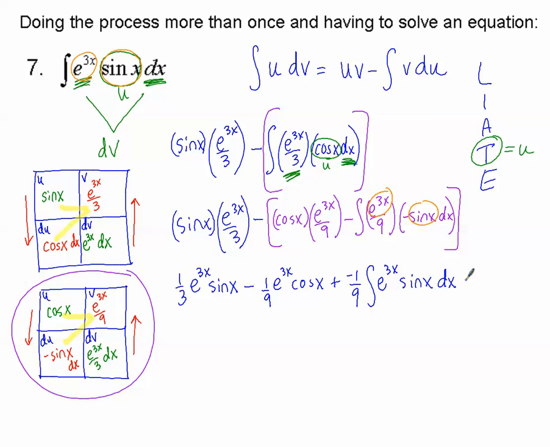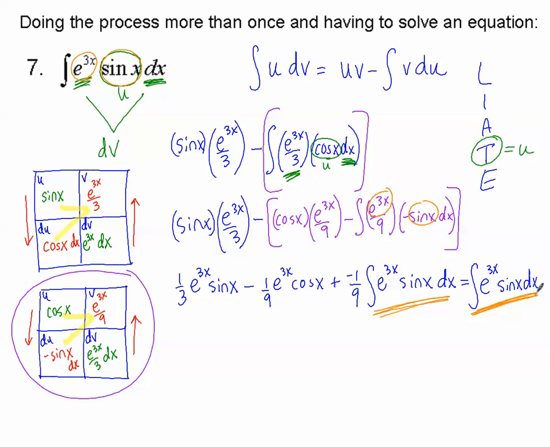Now remember, all of this is equal to what I started with. I started with the integral e to the 3x times sine x dx. Ultimately, I want to know what this equals. Well, notice how I have the same term, like terms on both sides.